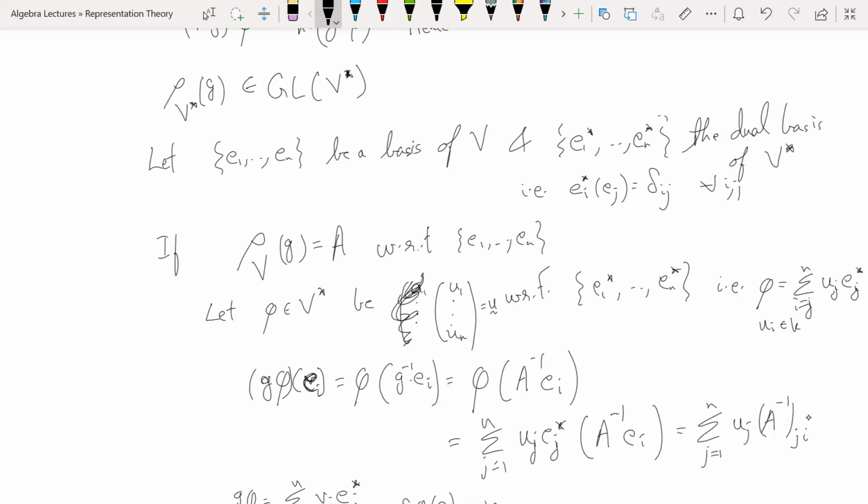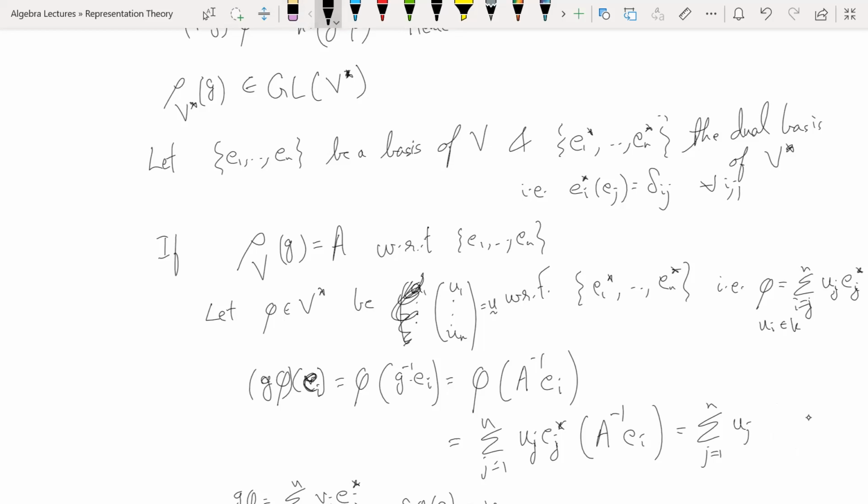So you pick out the ith column, which means the first indices will change. You pick out the ith column, and then if you evaluate, maybe I should write one more step here.